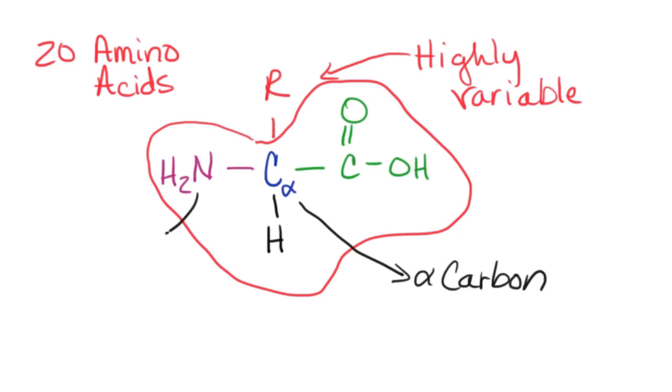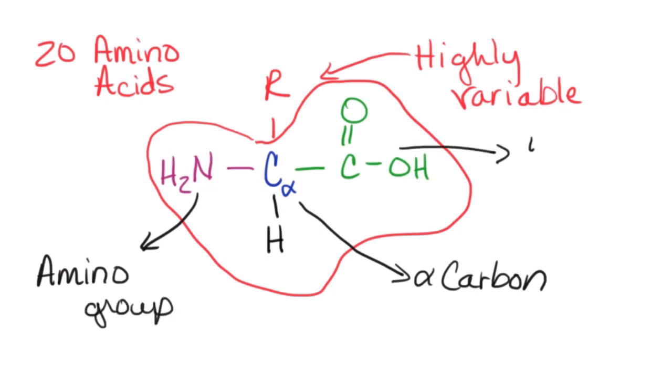We're going to look for an amino group. And here we're going to look for the carboxyl group. And if you can find all of that coming off, you can probably find your amino acids.